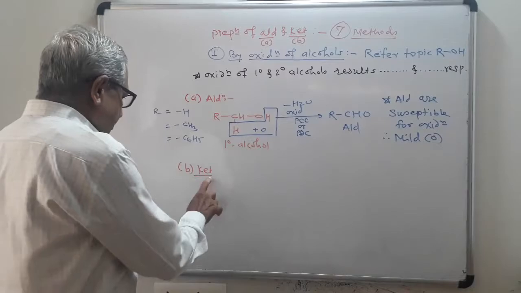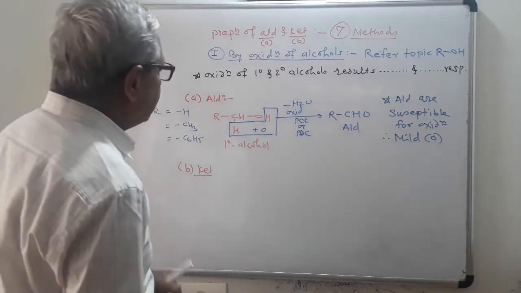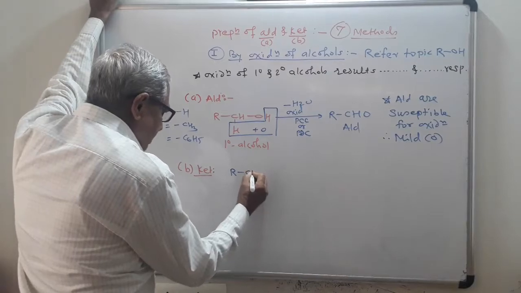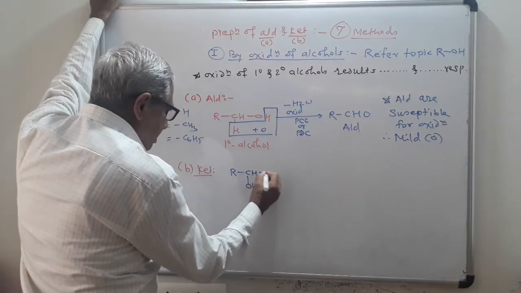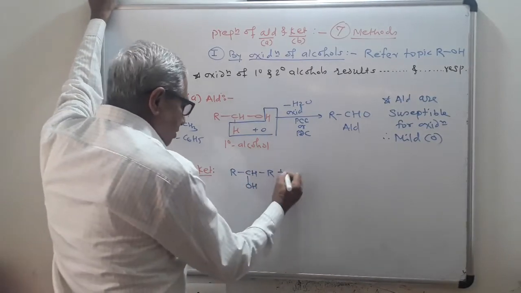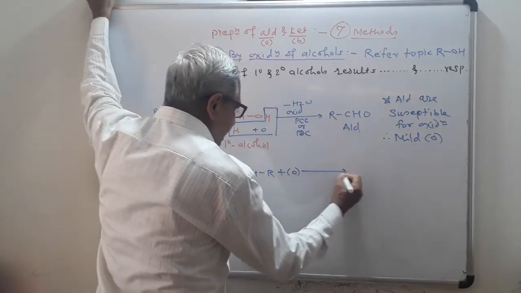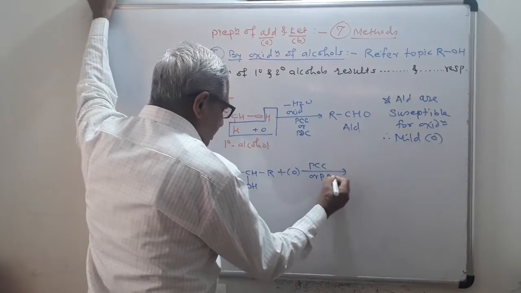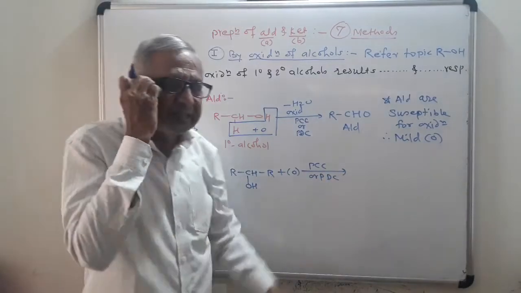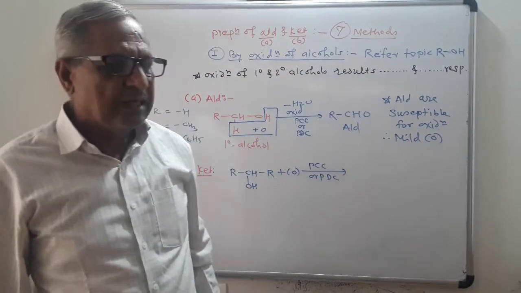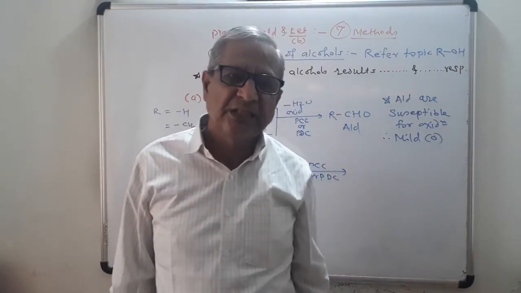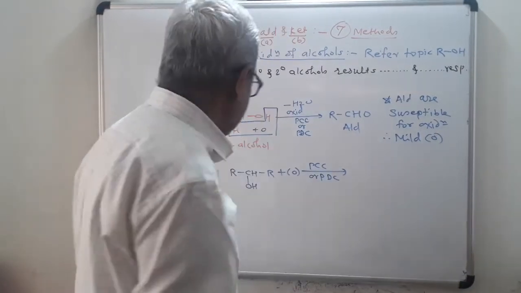Now I will explain the point B, that is a ketone. See the ketone here, R2CHOH. You will do the oxidation reaction here by using again PCC or PDC. You can also use another oxidizing agent such as potassium dichromate, that is K2Cr2O7, in presence of dilute H2SO4.